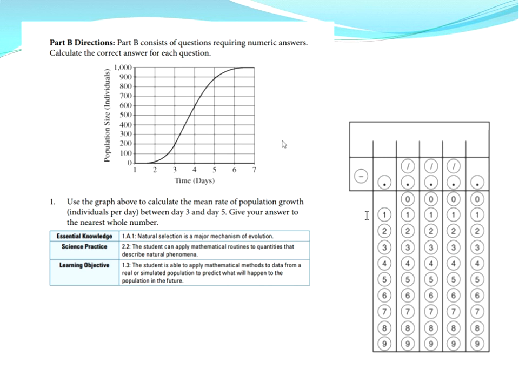So here's a sample question that deals with the ecology we've been talking about. If we look at population growth here, it says use the graph above to calculate the mean rate of population growth between day 3 and day 5. Give your answer to the nearest whole number. So that's important as well. They don't want any decimals. They want it to the nearest whole number.